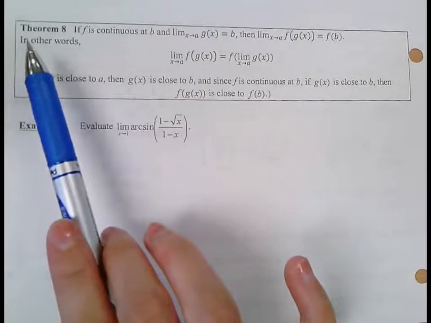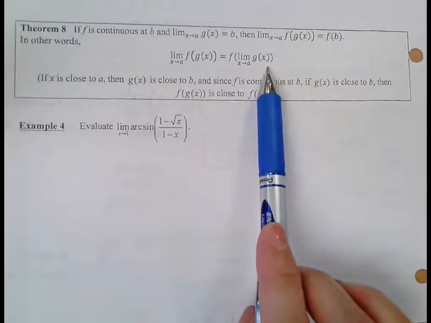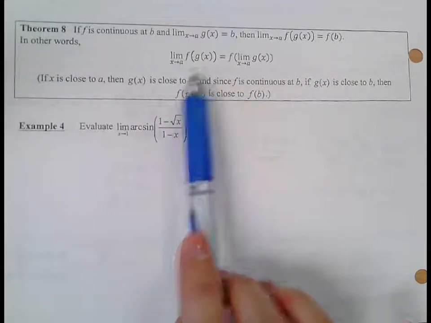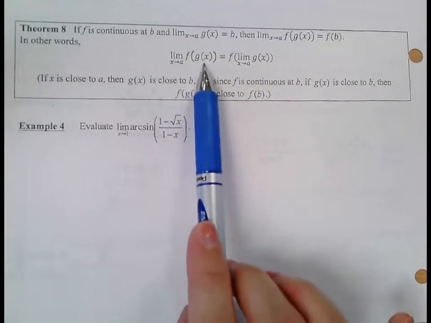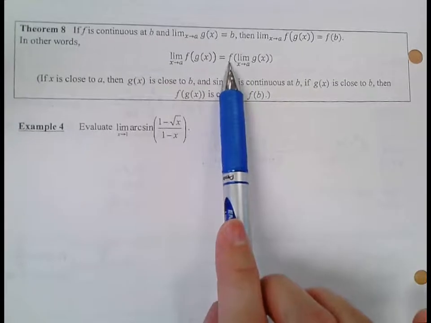In other words, which is easier for me to understand, you're taking the limit of g and then substituting the result into your function f and finding that value.